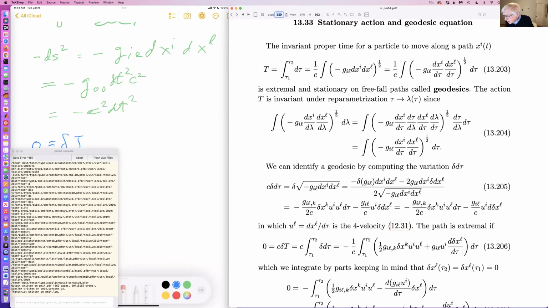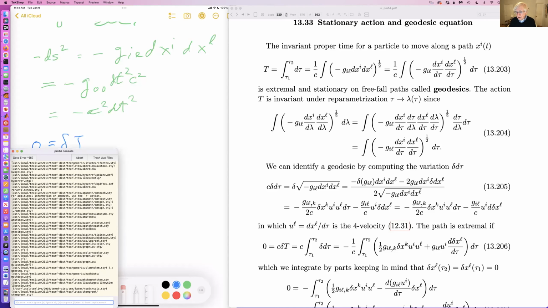These TeX equations are so big. Oh no, that's the wrong one. No, that is right.